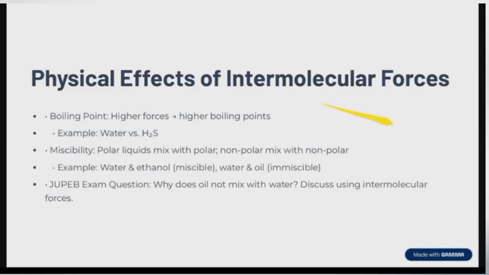Due to the difference in polarity between water and oil, it's difficult for them to mix because there is no force of attraction between the two molecules. When there is force of attraction between two molecules, they would easily mix. Oil's molecule does not have a positive or negative end, while water has a positive and negative end. So water will always be like, I cannot just blend with this guy.